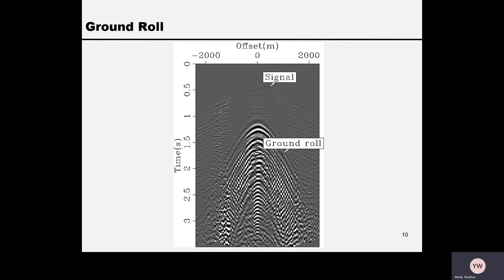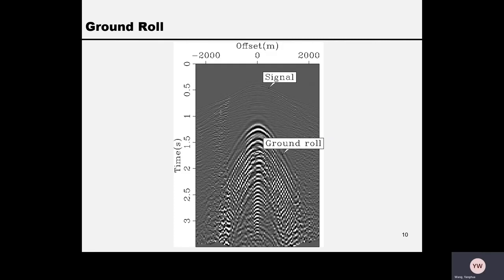This is one example here. That's a shot gather from a land seismic acquisition. We clearly mark the low frequency wave trend here as the ground roll. When the wavelet is fat, which means the dominant frequency is lower, we call it the lower frequency trend, right?